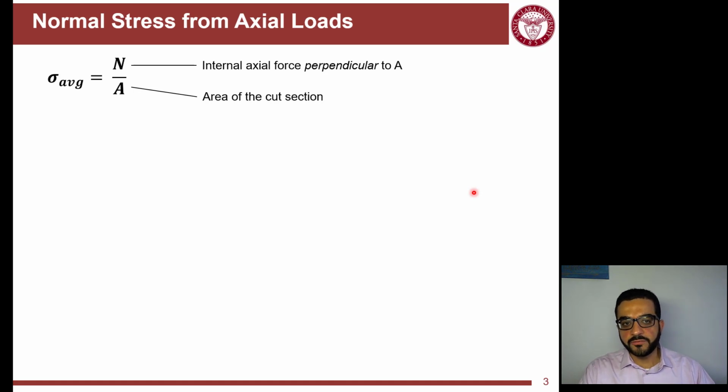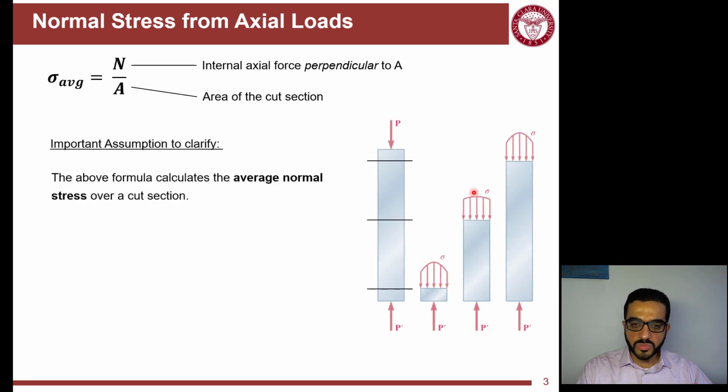Also, we're trying to clarify that the sigma, this normal stress we calculate, is assumed to be an average value over the cross section that we are analyzing under an axial load. Why is that? Because the distribution of stresses over the cross section is not uniform. If we're analyzing a section closer to the force, more stress is generated along the center of the section where the force is applied.